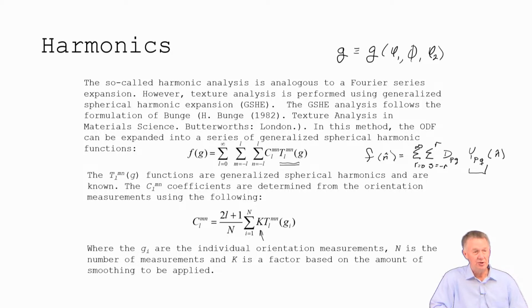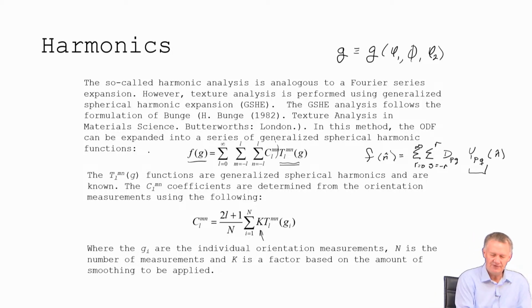So if we combine those, it's very simple. We just increase the number of indices on our coefficients, and we add another function. So if I want to make this function f of g, if I want to make it f of delta g and n, right?